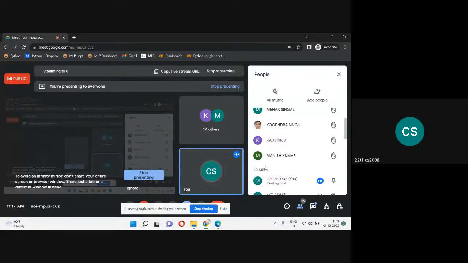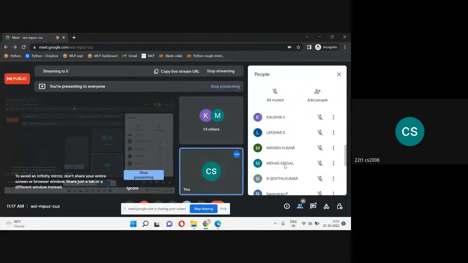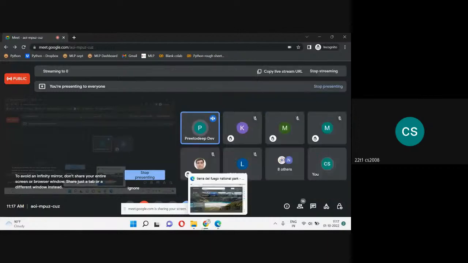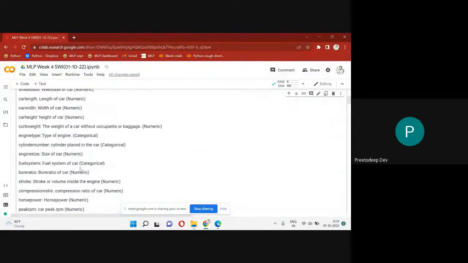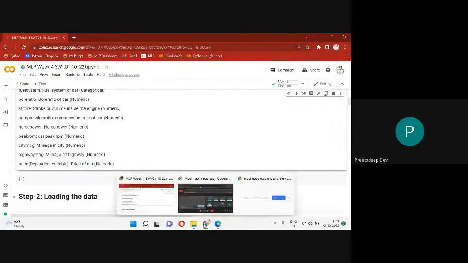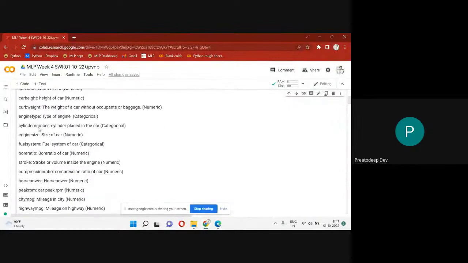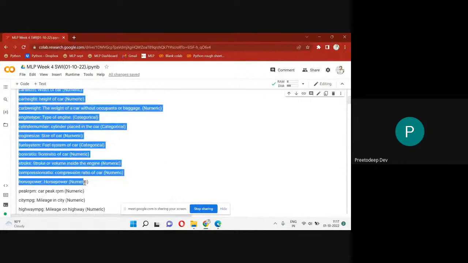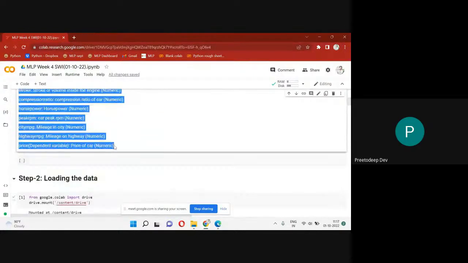There is a size limit to the chat. It cut out from engine location onwards, so I think you need to send it again. Let's try.